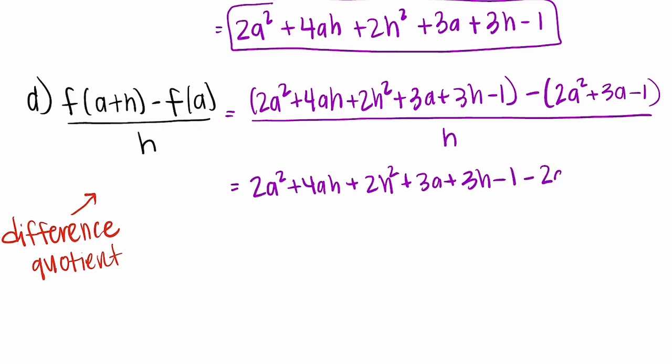And then it's going to be minus 2a squared minus 3a plus 1, all divided by h. And then we'll go ahead and just combine all of our like terms and see what happens at that point.